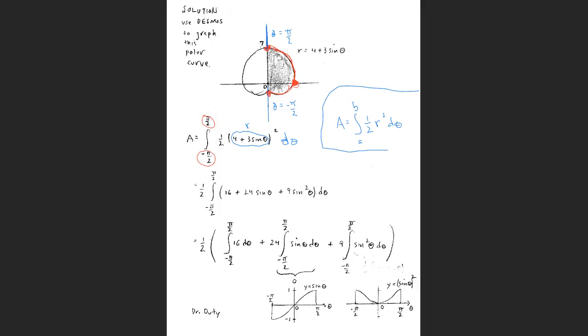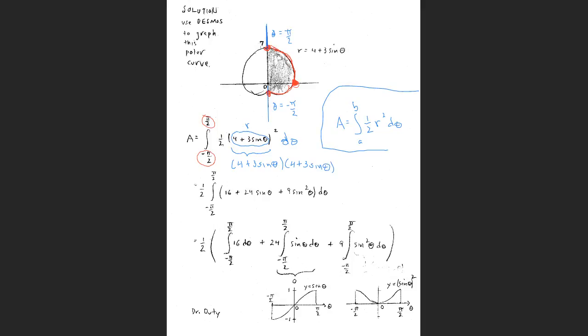And now the rest is really algebra and calculus. But of course, we have to be smart in how we compute this definite integral. So 4 plus 3 sine of theta, that quantity squared, would be 4 plus 3 times the sine of theta times 4 plus 3 times the sine of theta.